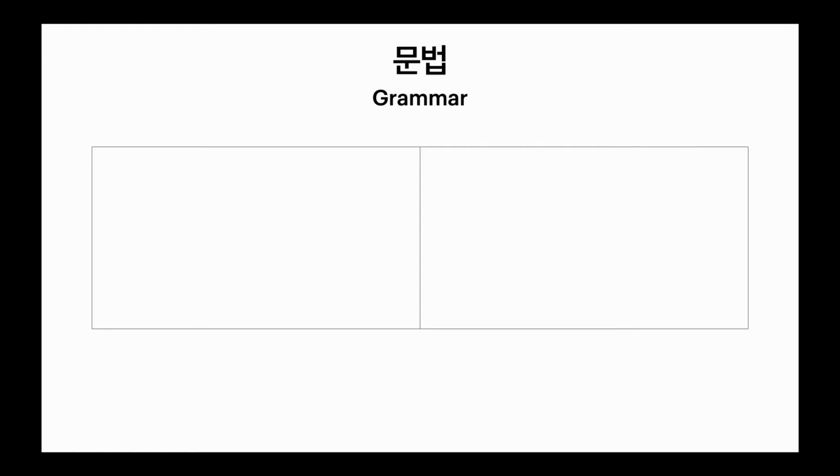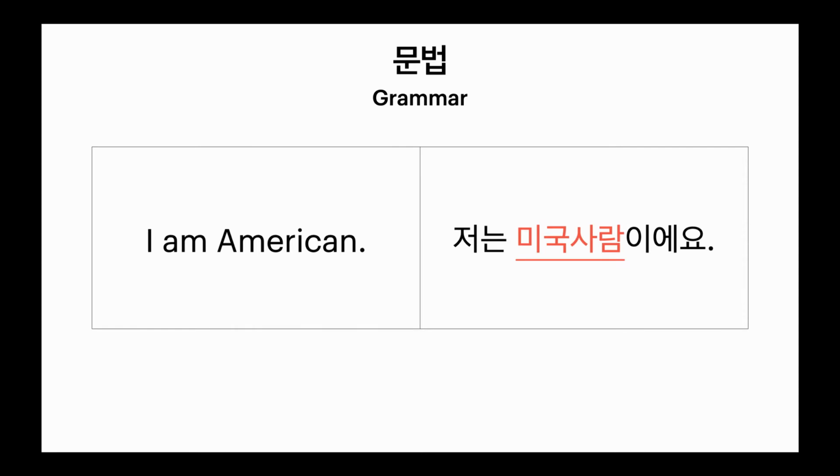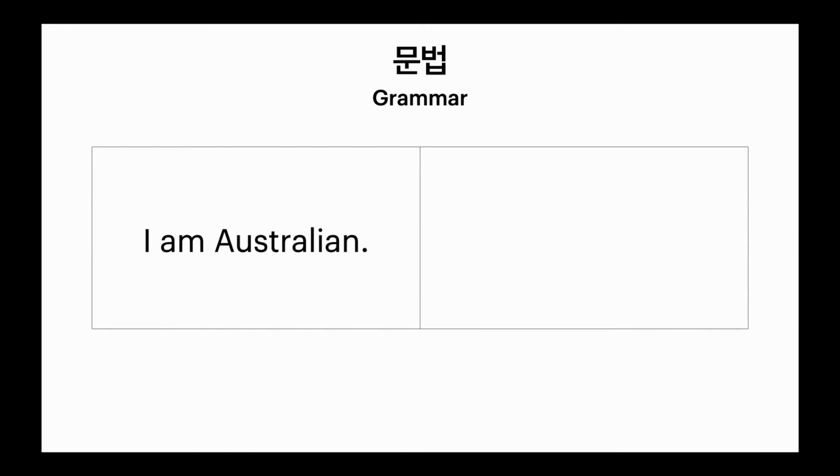Let's go ahead and start making some sentences with the topic particle and just full-on sentences here. So, I am American. Do you remember what that was? 저는 미국 사람이에요. How about I am Australian? 저는 호주 사람이에요.